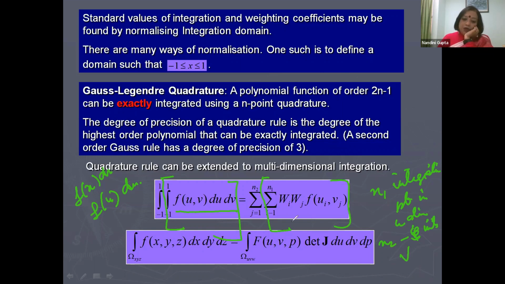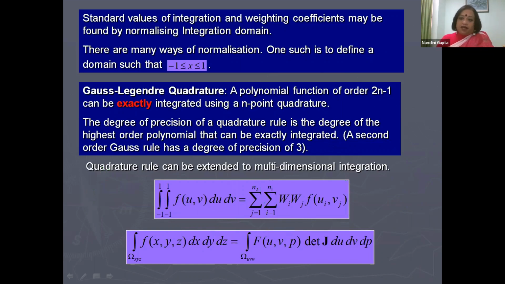And by doing this double summation, I should be able to find my double integration.